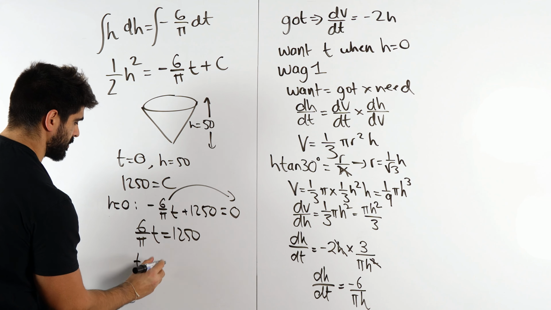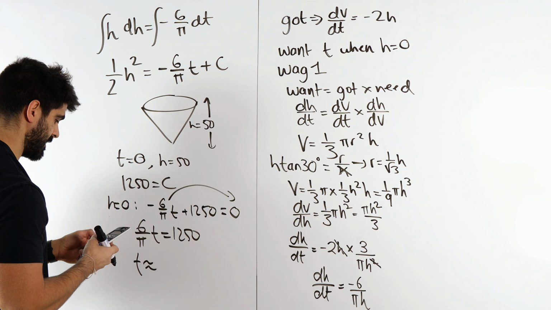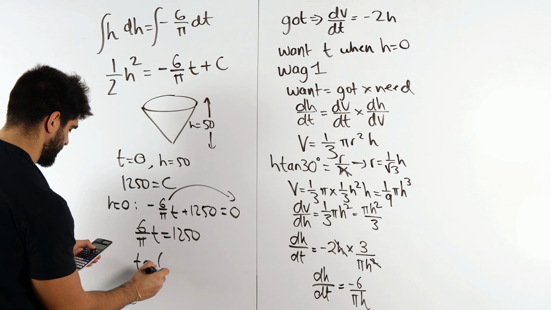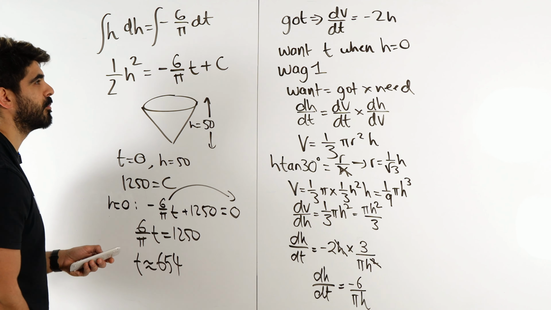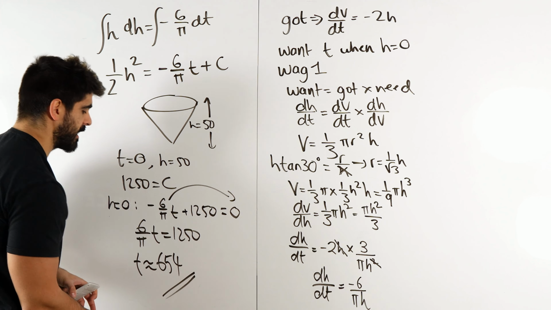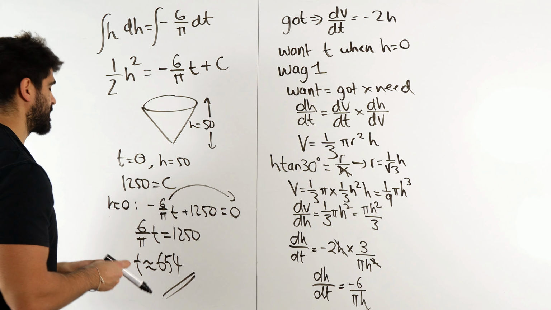I'm just going to do an approximate: 1,250 times pi divided by 6. I get about 654. I don't remember what t was in. Maybe seconds. I won't fill that in, but I think it's going to be in seconds. So that is that question for 7 marks.